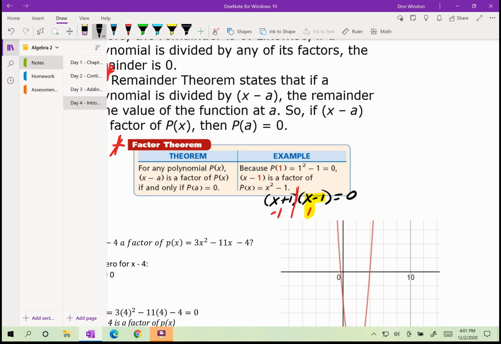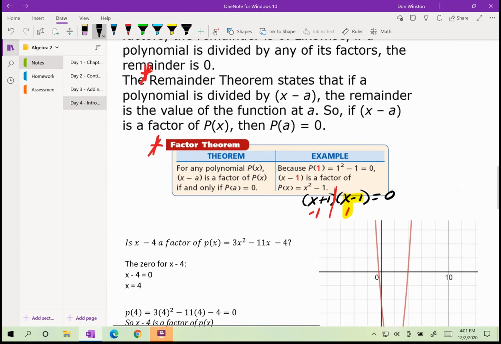Well, we knew that because I just factored x squared minus 1. But here we just took the 0, which is 1, for the factor x minus 1, and we plugged it into p of x, and we got 0. And that's what the theorem says.